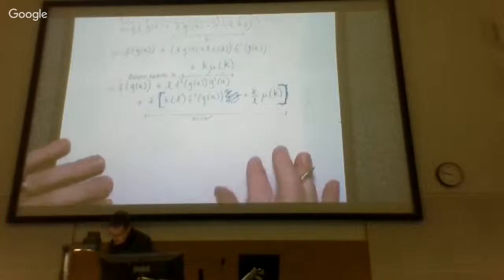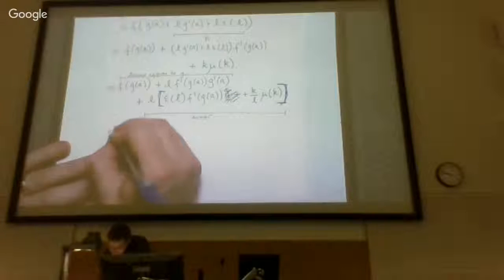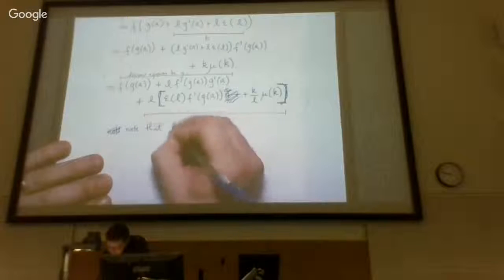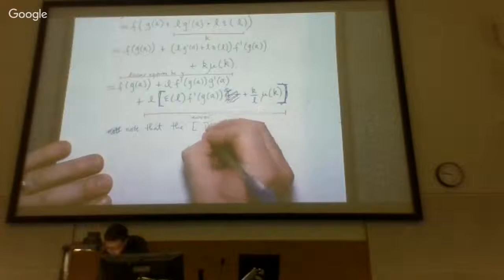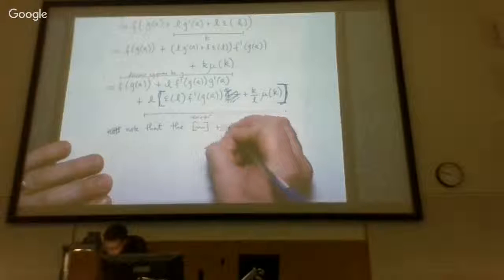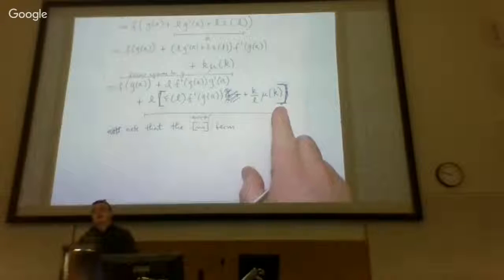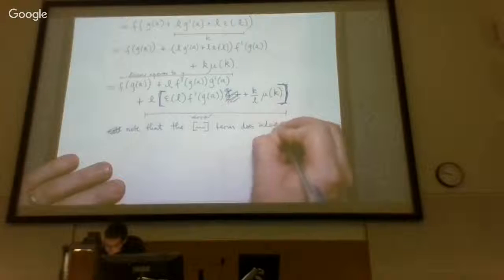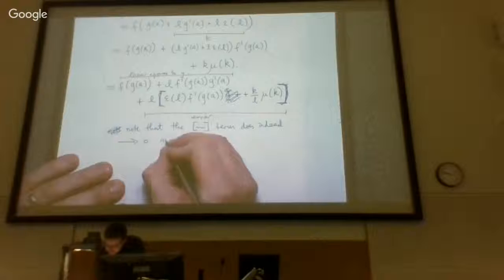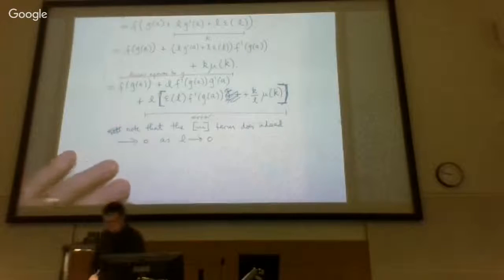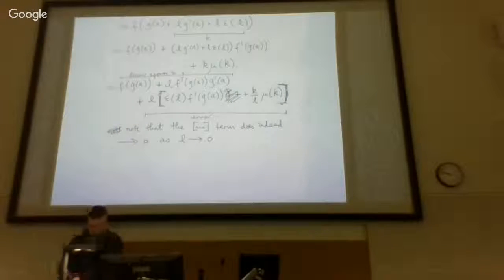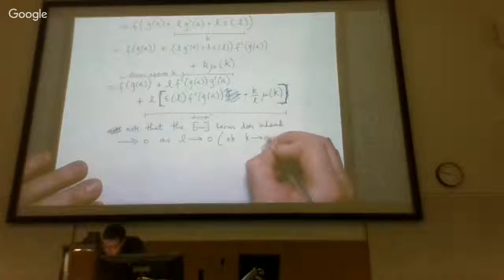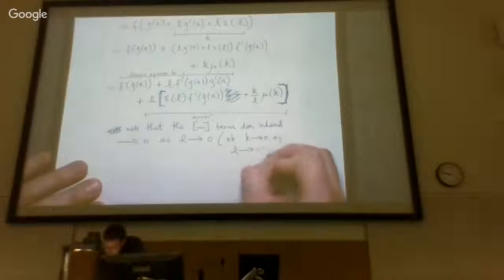And we just note that the square bracket term, that's everything inside this square bracket, does indeed converge to 0 as l goes to 0. Part of noting that would then be k goes to 0 as l goes to 0.